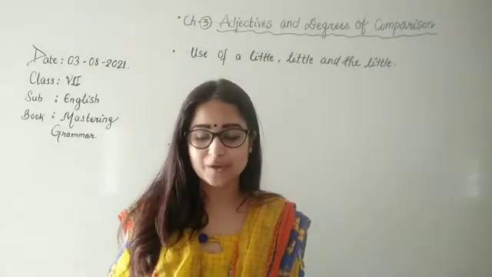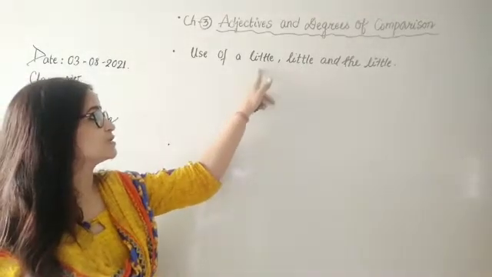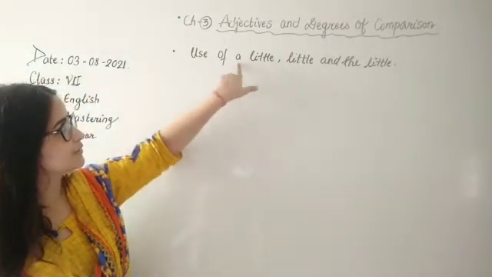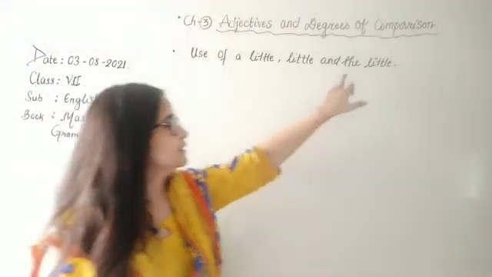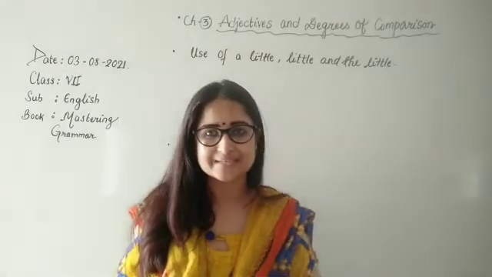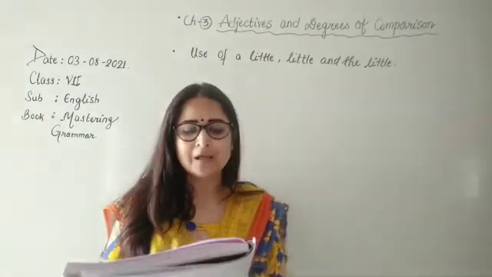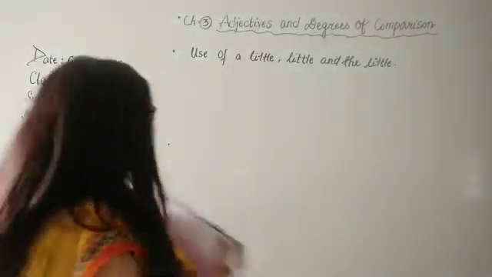So let's see how we are going to use them. You can say, ma'am, see, their words are similar, but here we have added the. So what is the difference? How are we going to use it? Let's learn about it now. Little is used with uncountable nouns, as I have already told you.